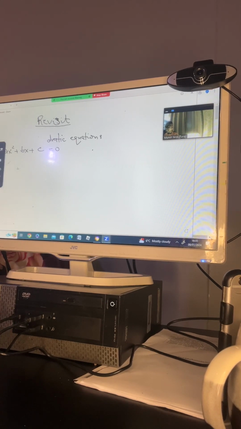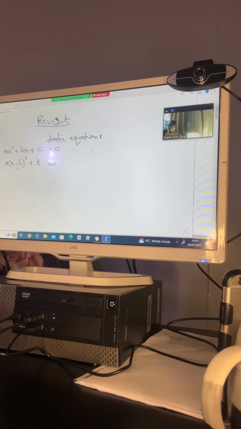I think I need to change this letter. This equation can transform into this way.